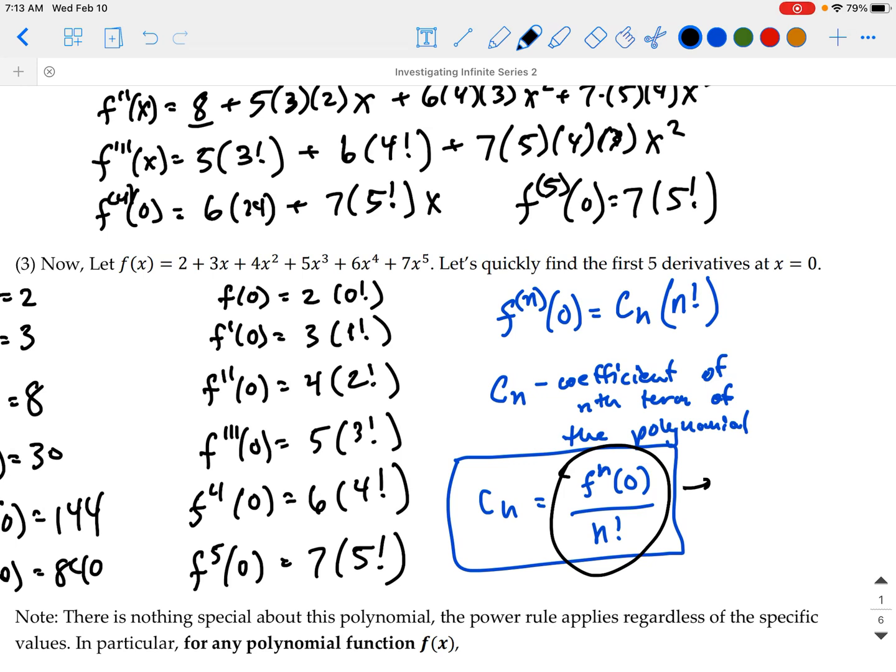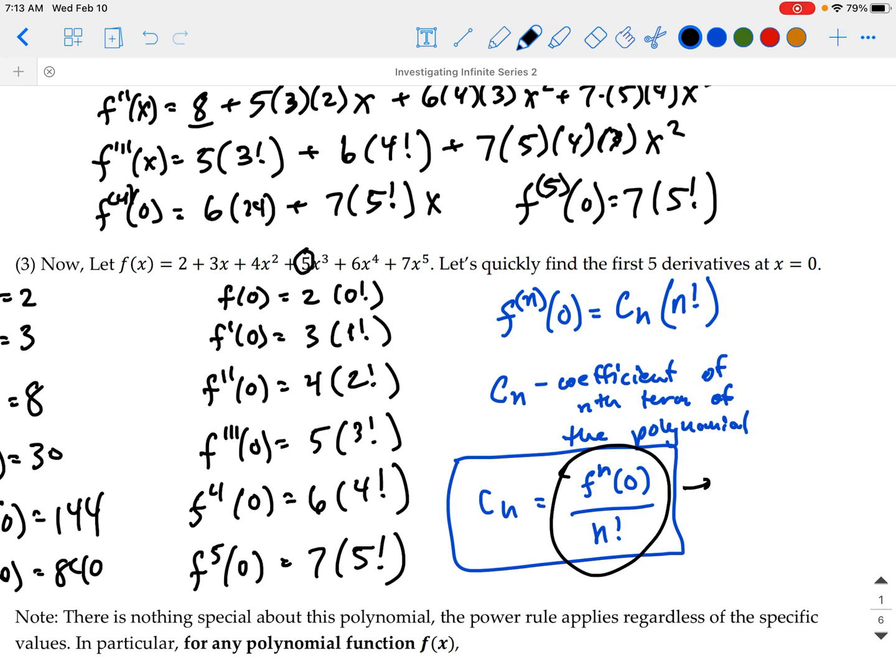So it's the number of derivatives you need to make whichever term you're looking at a constant, right? So if I'm looking at the x cubed term, I need to differentiate x cubed 3 times in order for the x to disappear. So the third derivative would be needed to get rid of the x cubed.